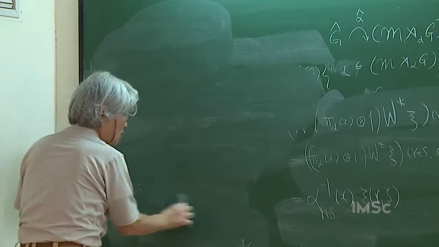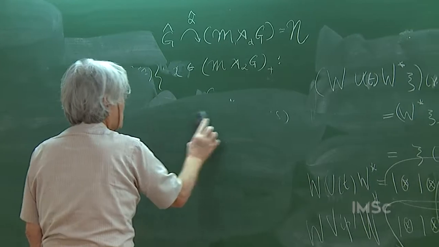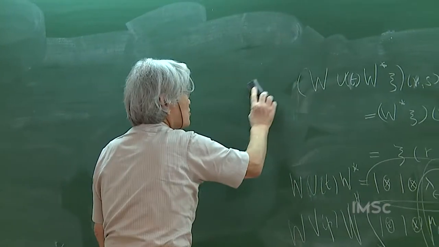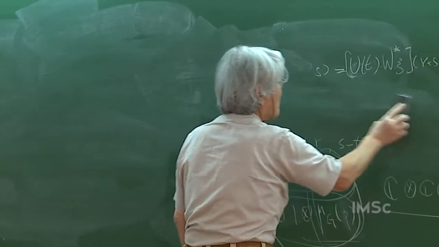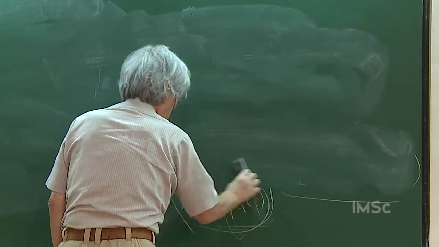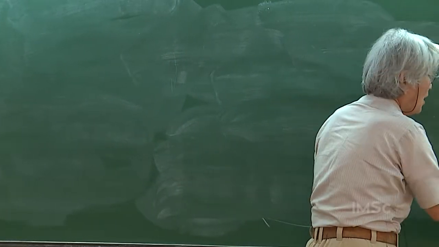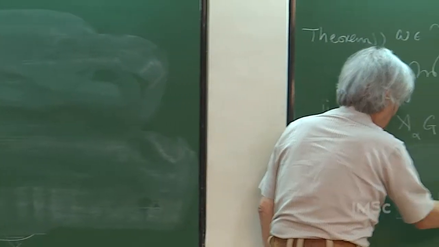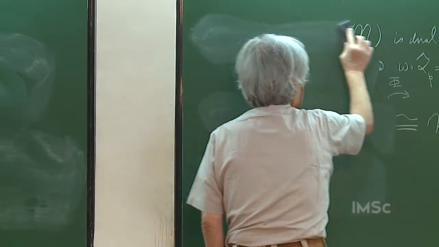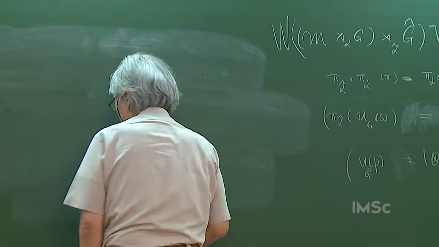Now, as a corollary of this duality theorem, and also another corollary, if you make a cross product by modular automorphism, you end up with a semi-finite von Neumann algebra. And then you have the dual weight, which is left invariant under the dual action alpha.